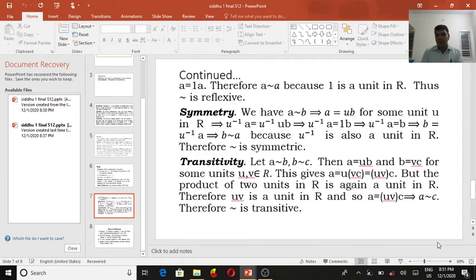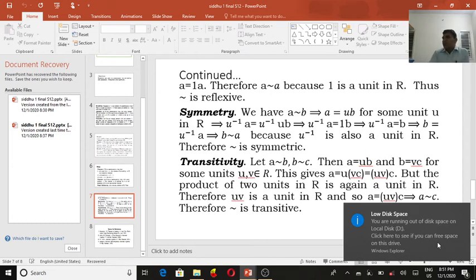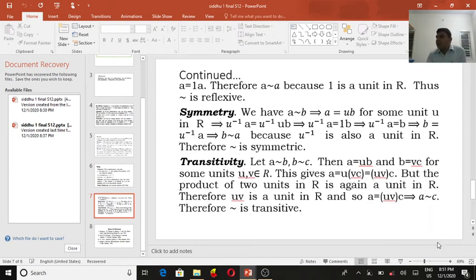Now we come to symmetry. If A tilde B, it means A equals U B, where U is a unit element in R. Suppose I multiply by U inverse. The inverse of a unit is also a unit, just as 1 is the identity unit element and its inverse is the same.